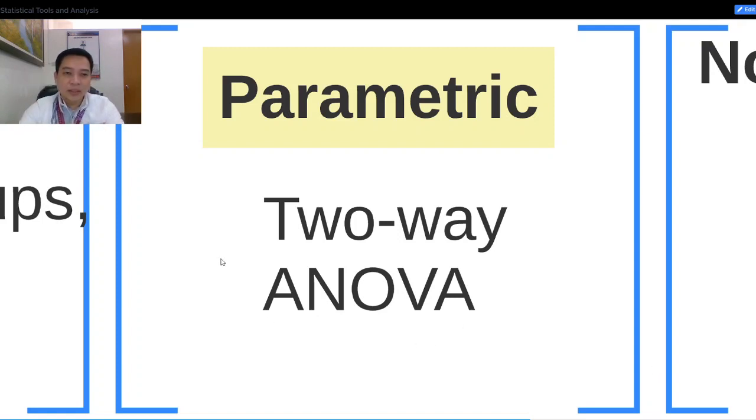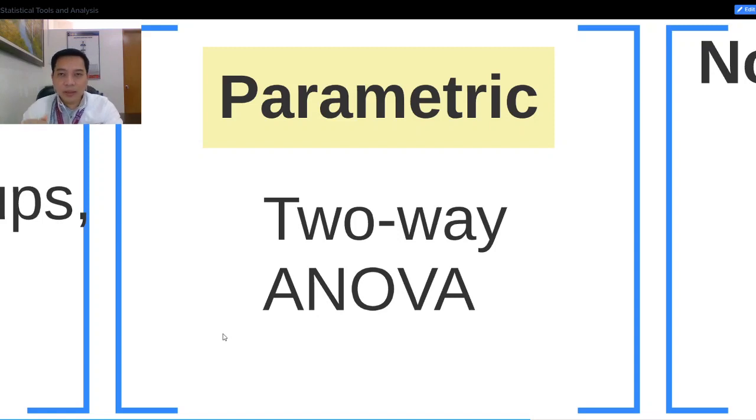The factors here, or the independent variables that we talk about, are gender and age. So not given many times, but given on different groups. That's why you have the two-way ANOVA.